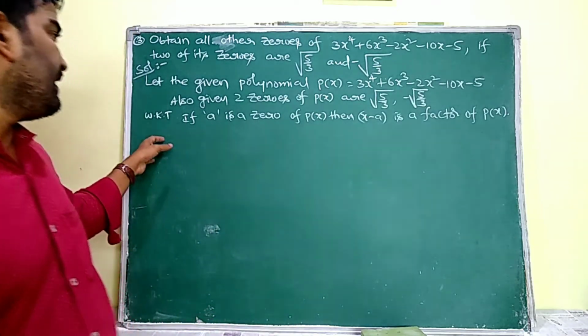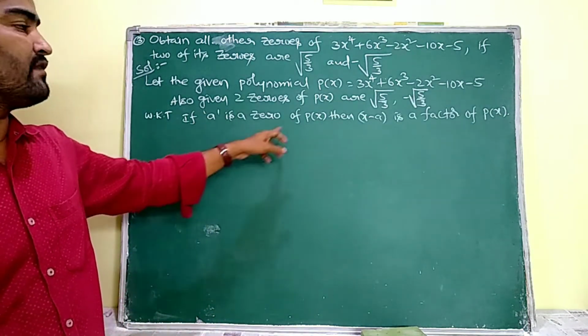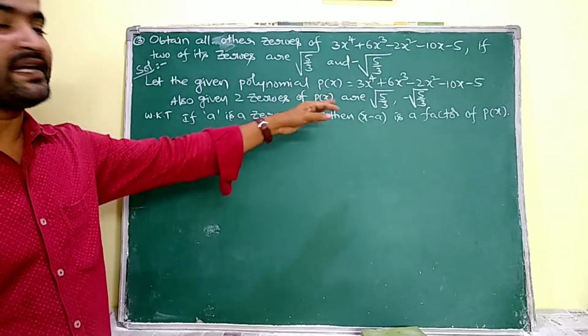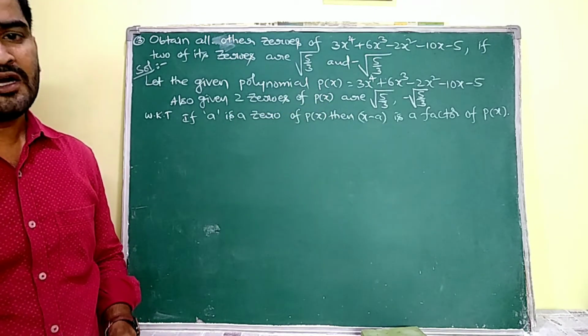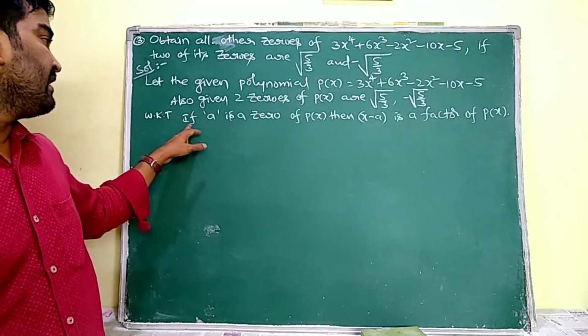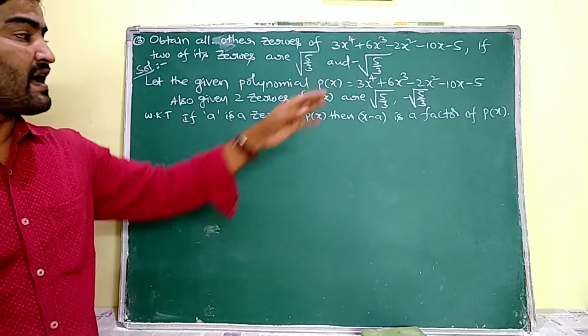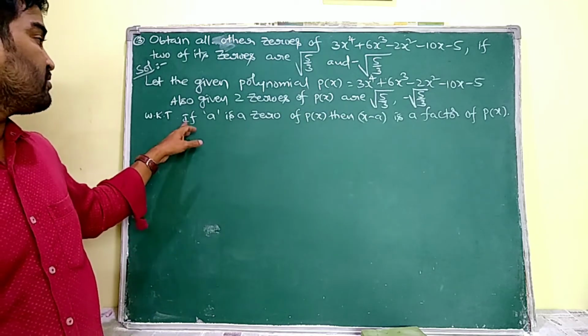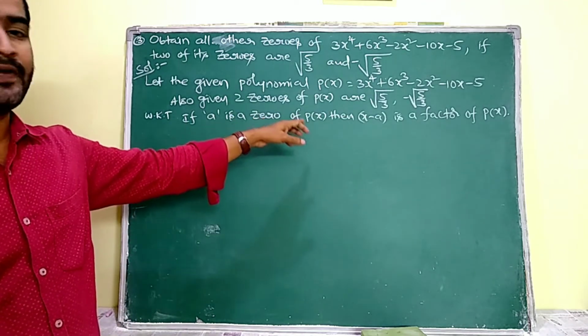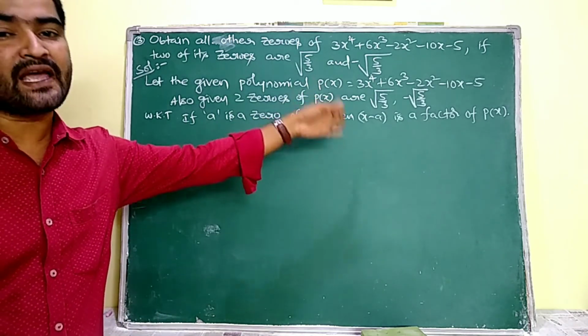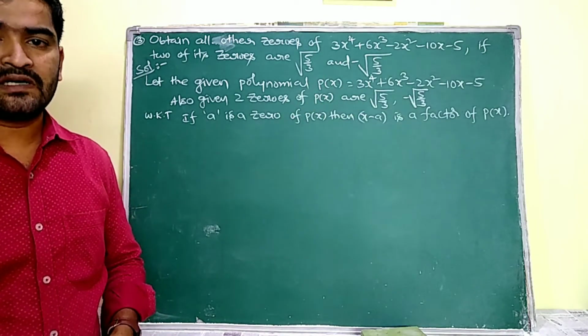That is, if some value is a zero of p of x, then x minus that value is a factor of the polynomial p of x. That means if a is a zero of p of x, then x minus a is a factor of p of x. If minus a is a zero of p of x, then x plus a is a factor of p of x, like that.